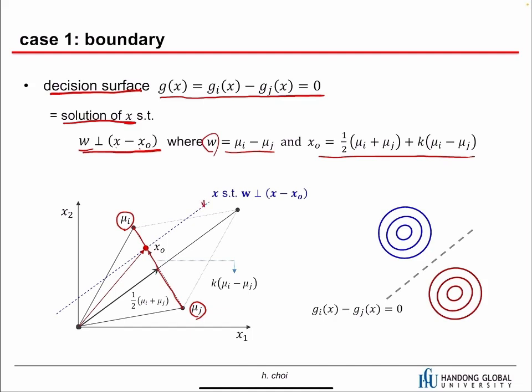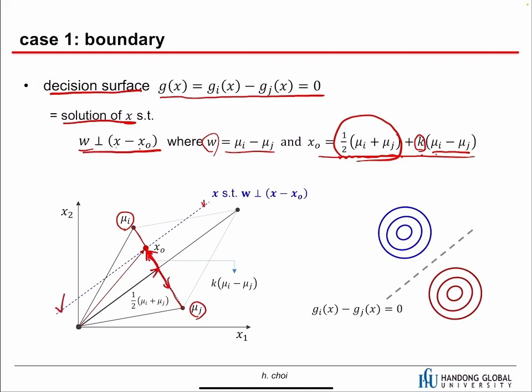Then where is x naught? X naught is the average of these two means plus k times mu i minus mu j. This vector is this term, and mu i minus mu j is this vector, and we have a scalar k. Depending on k, this could be this one or it could be negative 1.